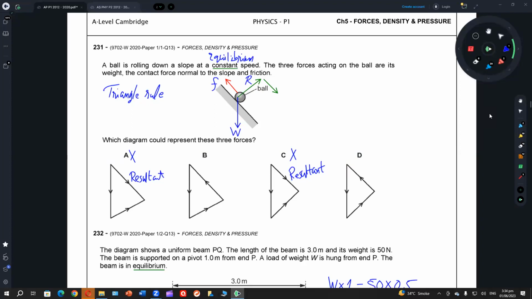The main diagram is shown above. Weight, R, and friction. What's the difference actually between B and D? B and D are actually very close.